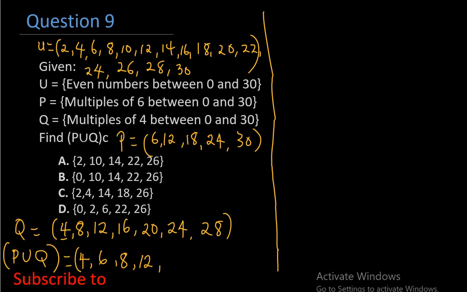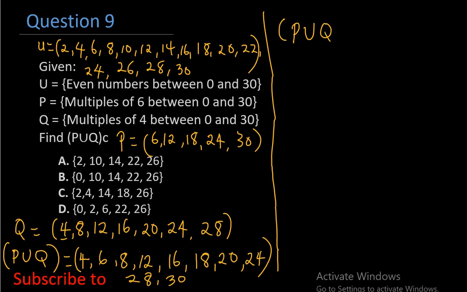There's no 14, there is 16. There is 18, there is 20, no 22, there is 24, there is 28, and then there is 30. Just pick out all the numbers you can find in P and Q, and let them appear once. So now I have P union Q, but they said we should find (P union Q) complement.